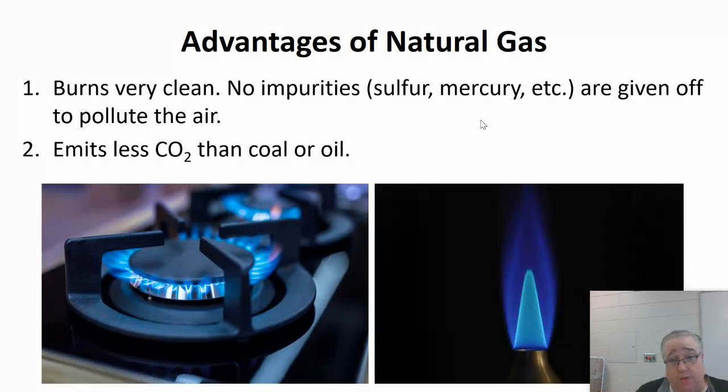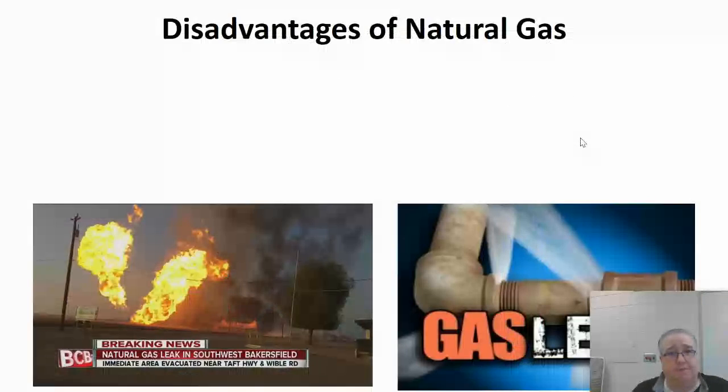Now, I will say this: whenever we burn a hydrocarbon, I don't care if it's methane or propane or butane or whatever it is, you are going to emit carbon dioxide, which is a greenhouse gas. But when we burn natural gas, there is less carbon dioxide produced compared to coal or oil. So as a fuel, especially a fossil fuel, natural gas has some advantages over coal and also over oil. Okay, so know those.